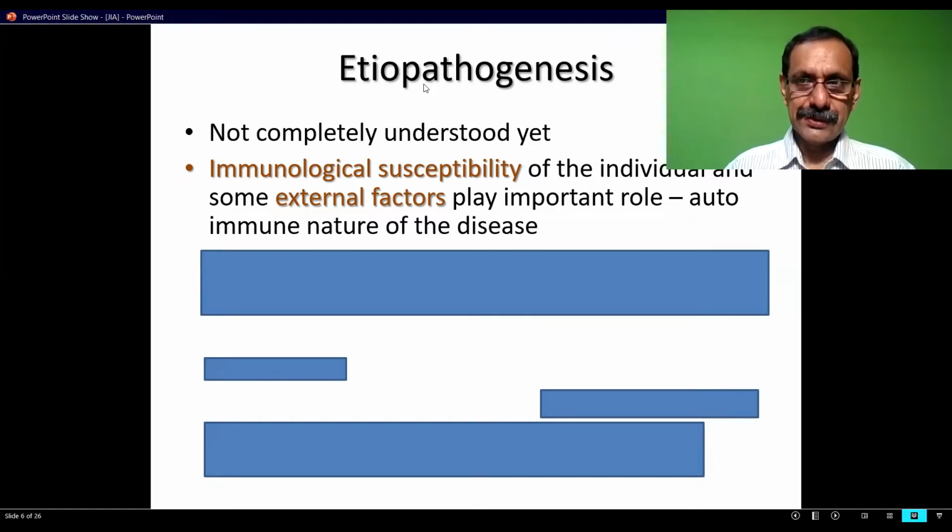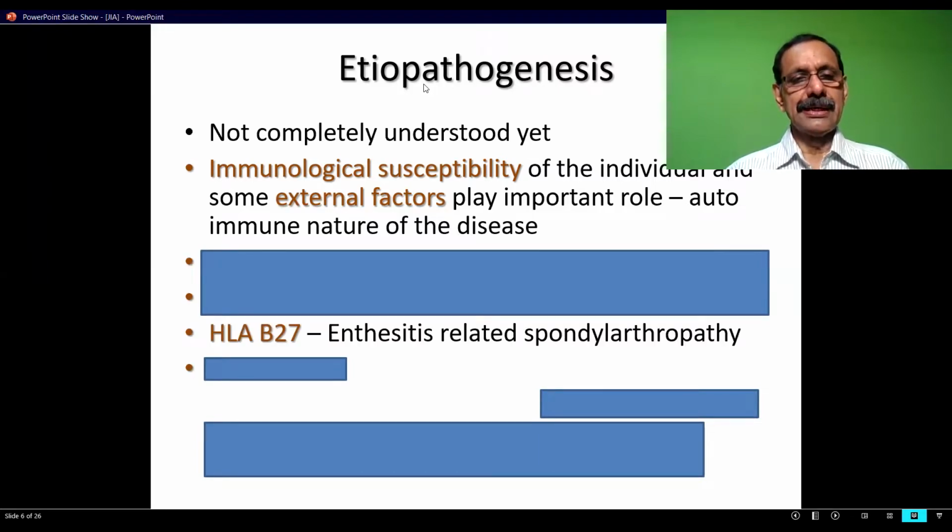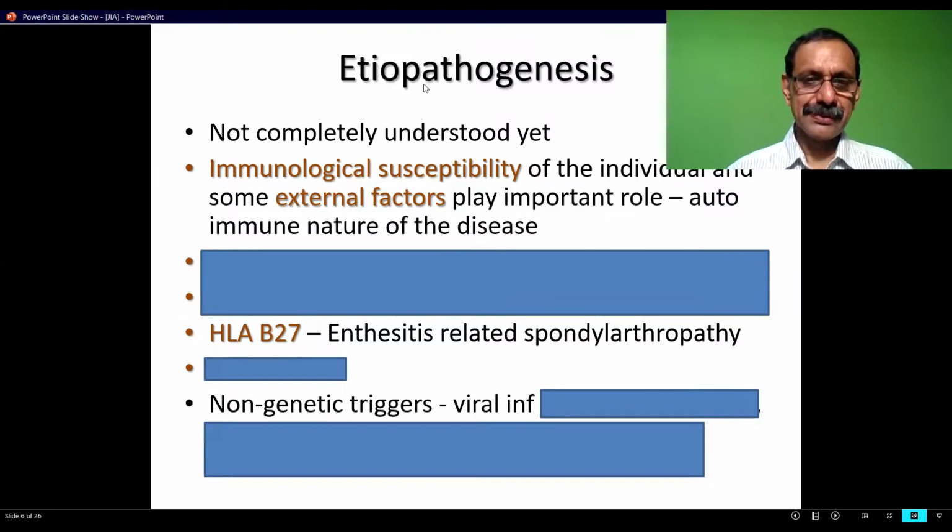So in addition to your genetic or immunological susceptibility, you need an external initiating factor that triggers this disease. So it is an interplay between these two. And one example of this genetic is HLA B27, which is associated with atypical oligoarticular juvenile idiopathic arthritis, which we will come to later on. So you'll understand it better.